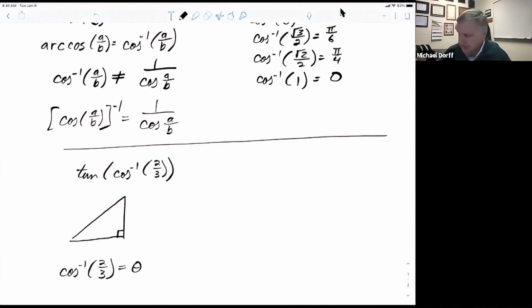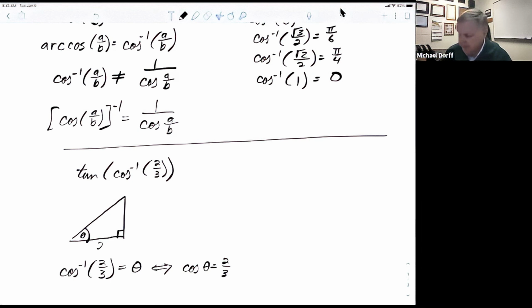And I draw my triangle. I'm going to put the angle there. If the inverse cosine of 2/3 equals theta, that's the same thing as saying the cosine of theta equals 2/3. So let's apply that to my triangle. If I have the triangle with the angle theta there, cosine is adjacent over hypotenuse.